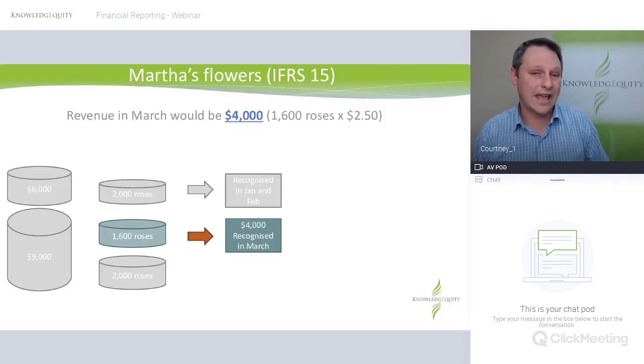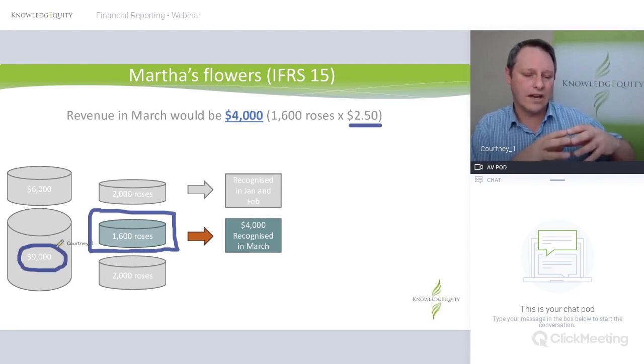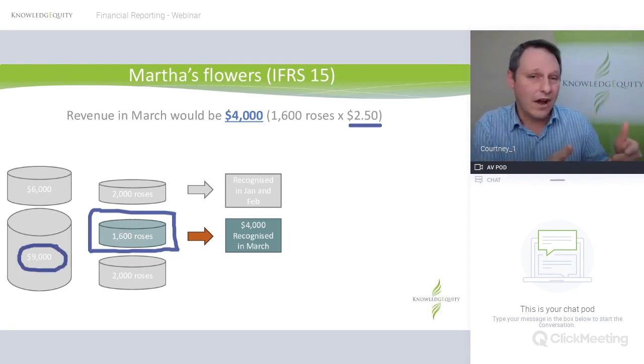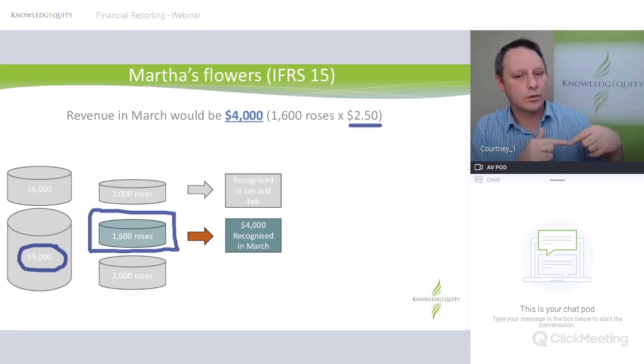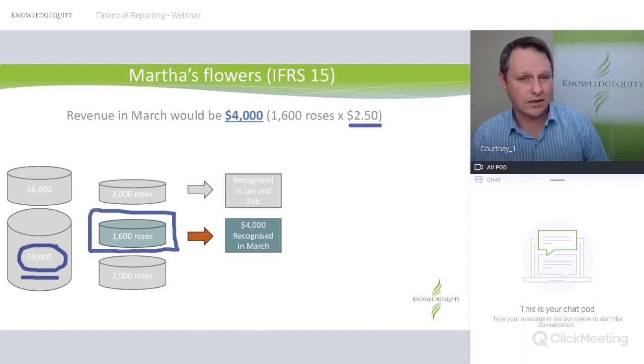So the way we're going to account for this in the month of March, which was the purpose of the question, is by saying there are 1,600 roses in March, and they are going to be priced at $2.50 each because that's how we apportion the amount. So we don't work it out as a total of 5,600 roses across $15,000. We do it on the remaining 3,600 roses on $9,000.